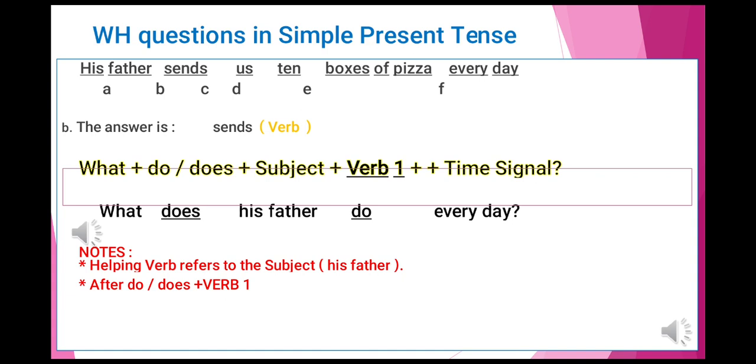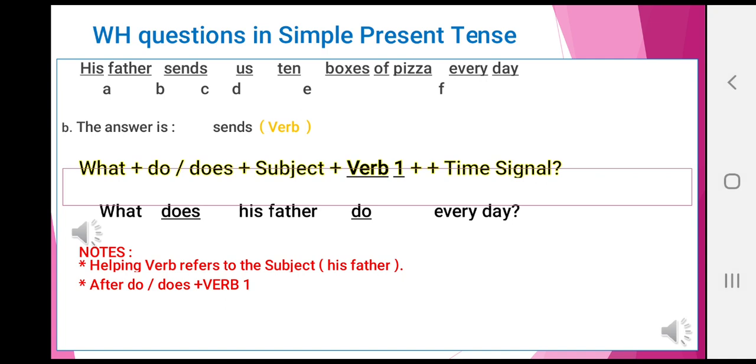Now it is about the verb. For example, we close the answer and the answer is "sends". His father blank us 10 boxes of pizza every day. So, what does his father do every day?